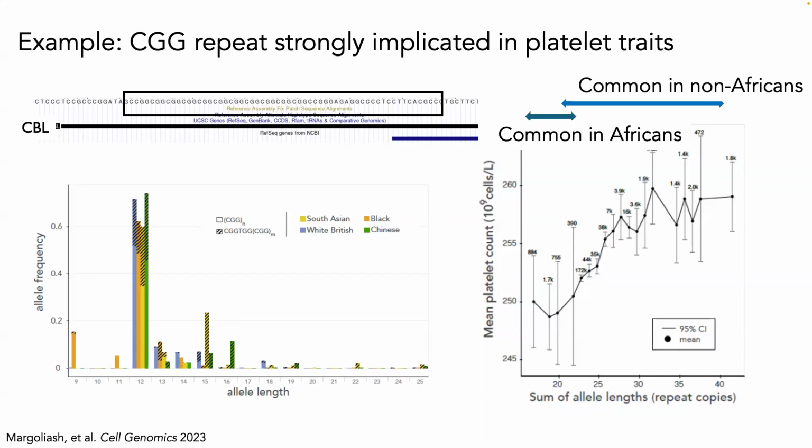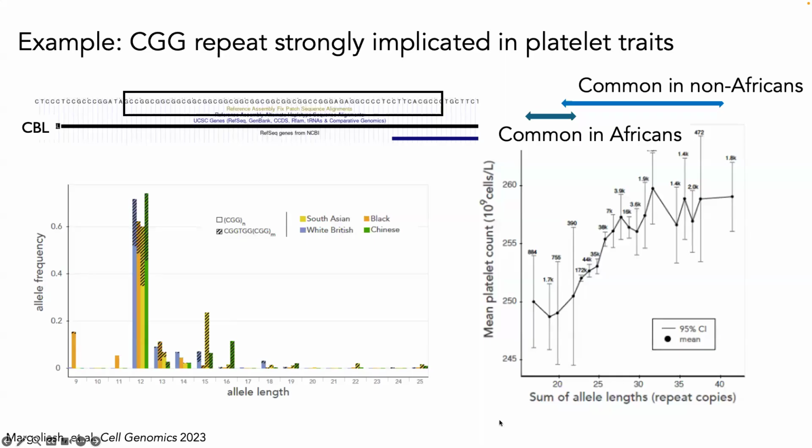But if we go and look at this association, we did a linear regression to find this, but it doesn't look totally linear. All the non-African populations had repeat lengths in this range where we saw this linear trend. But the allele lengths that were common in African samples are over in this range where we don't really see that strong of an association.